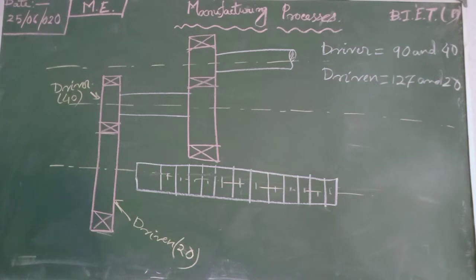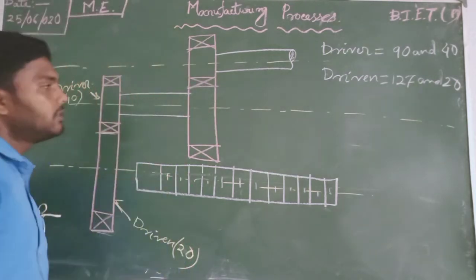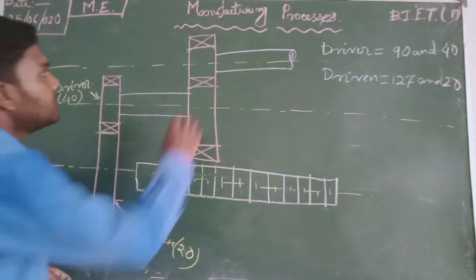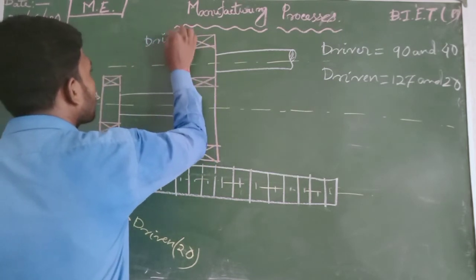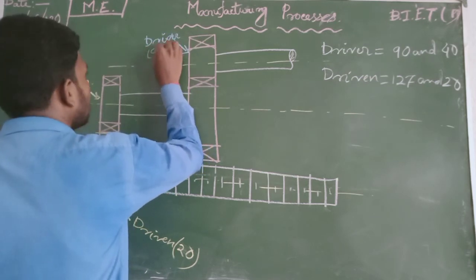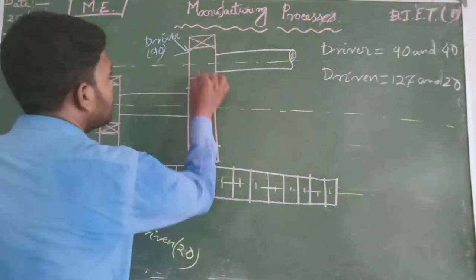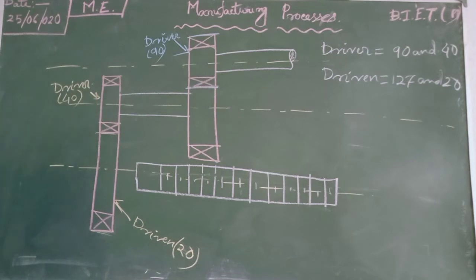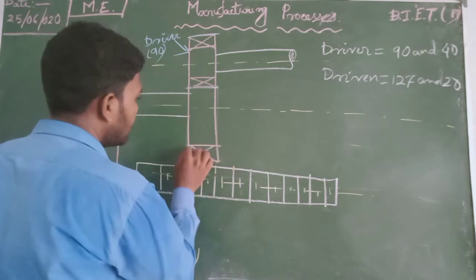Now for the other pair, you can see what is the driven gear and what is the driver gear. This is the driver gear, the number is 90, from this portion to this portion, and this is our driven gear.